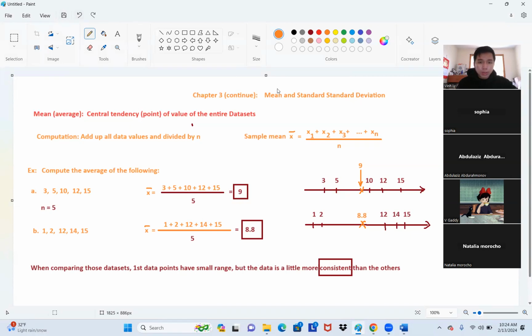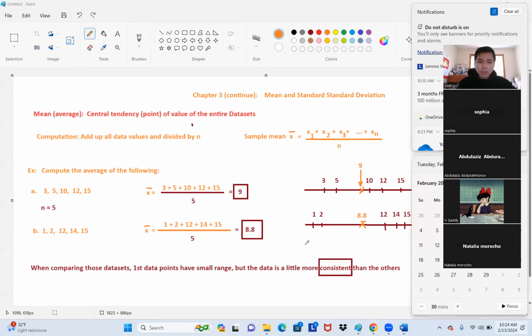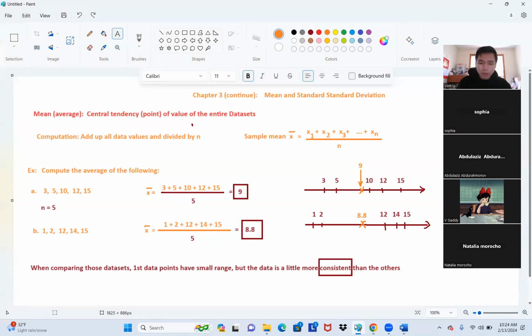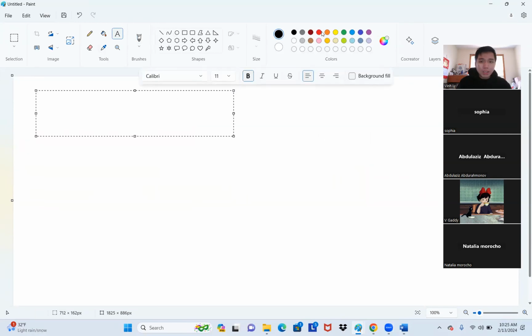So when is the exam? The exam's going to be next Tuesday. I'm going to post the exam review and the solution very soon for these lectures. So let me just start with the standard deviation. This is what we have to focus on. Before that, I just want to emphasize the exam.